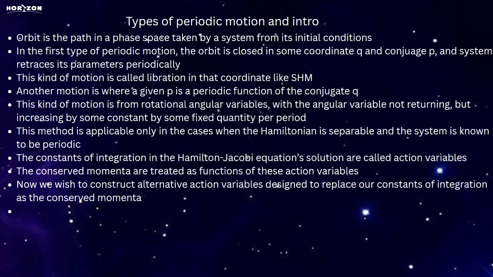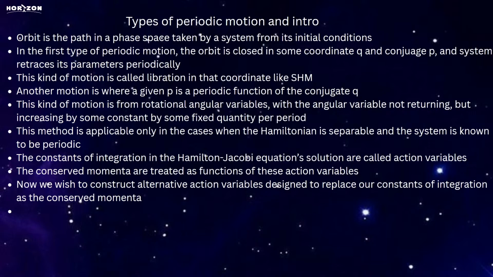Another kind of motion is where P is periodic, but Q is not, and P is a periodic function of Q. For example, consider a plane rotation: the angle variables keep increasing while the system itself returns to its original state after 2 pi radian rotation. This kind of motion is simply called rotation.